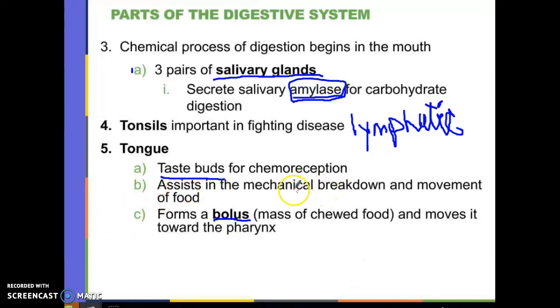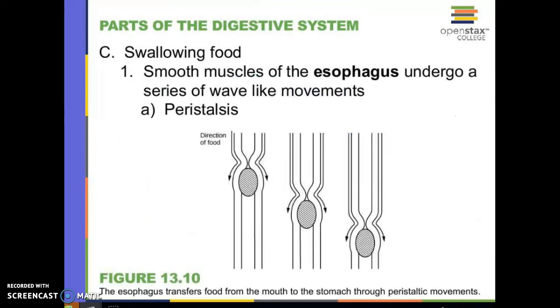So the tongue, again, manipulates food, moves it toward the pharynx where it's going to be expelled from the mouth cavity. Swallowing of food. You actually can swallow food while standing on your head because food does not move down your esophagus strictly by gravity.